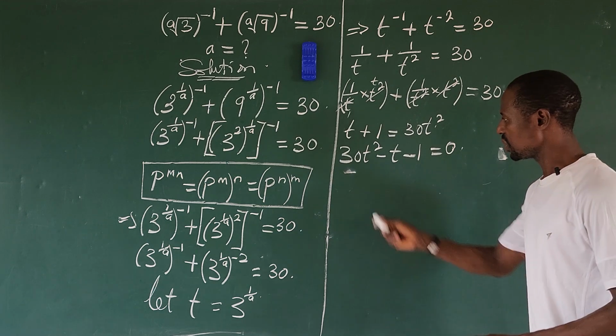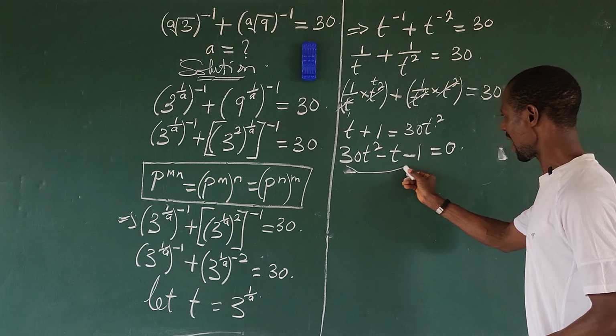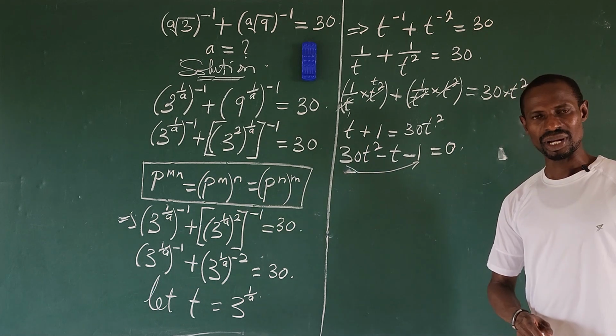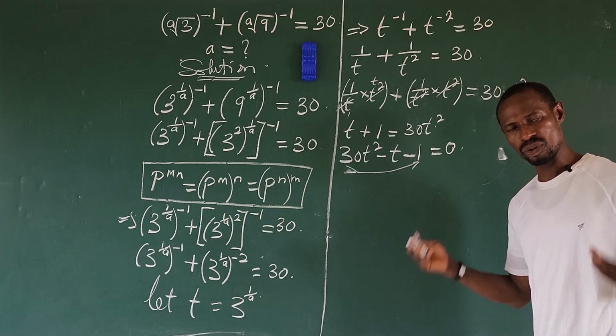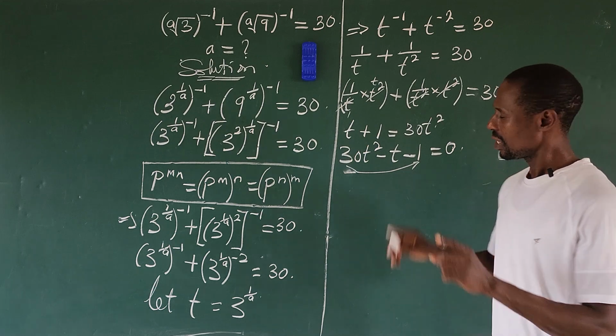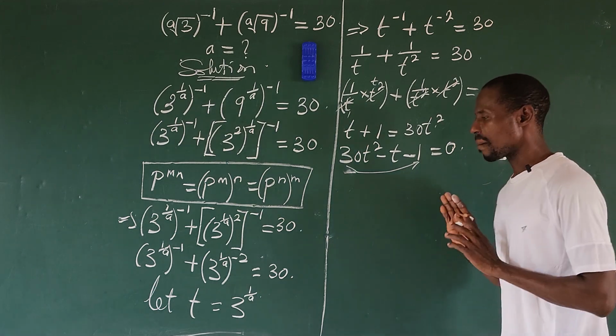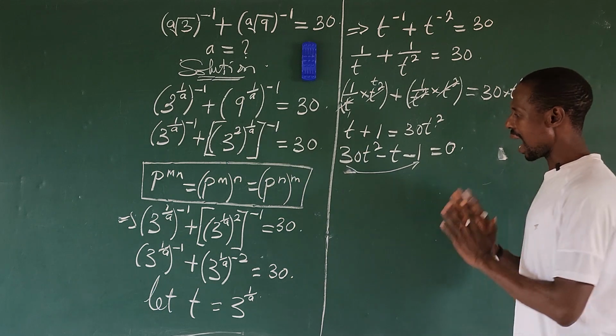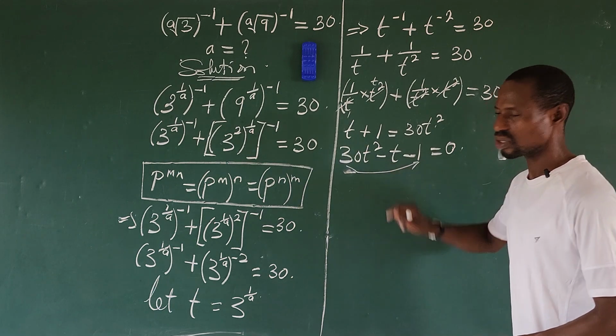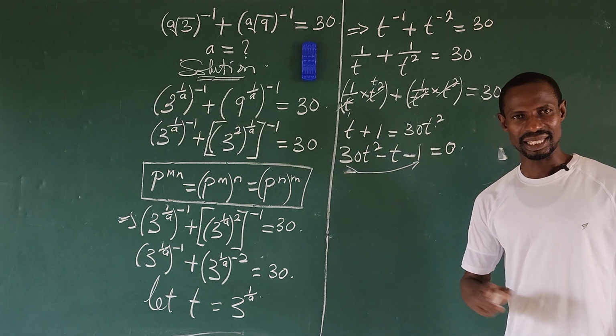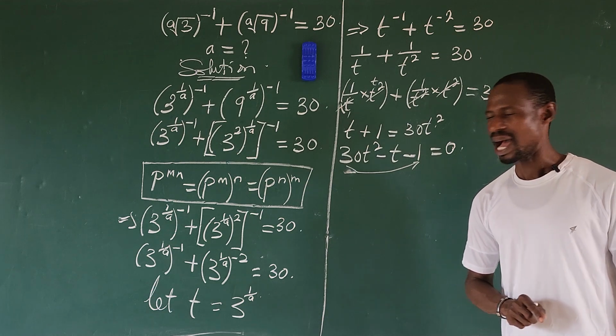So what we do is use this 30 to multiply this minus 1, and that will give us minus 30. And so we look for two factors of 30 that, when multiplied together, give us minus 30, and added together give us minus 1. Definitely that will be 6 and 5.